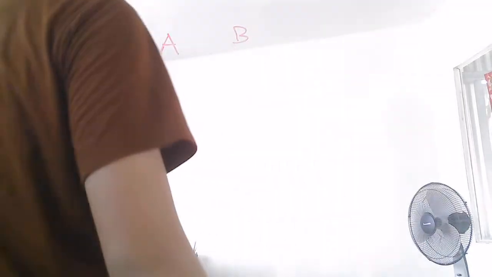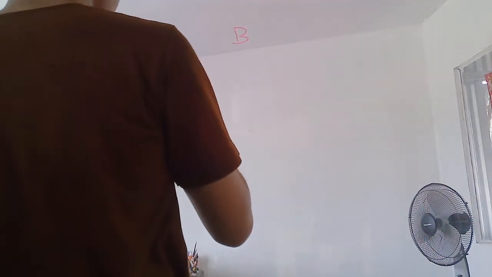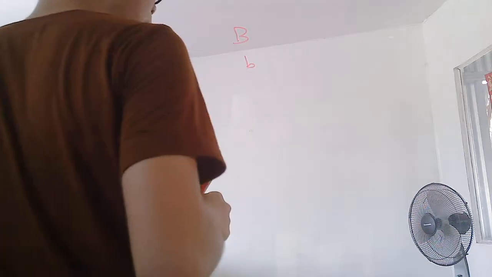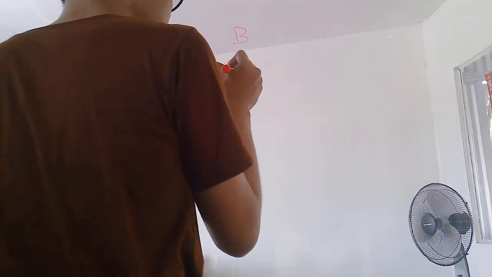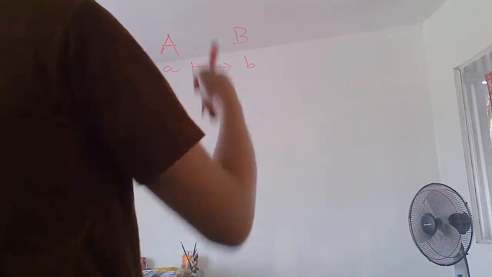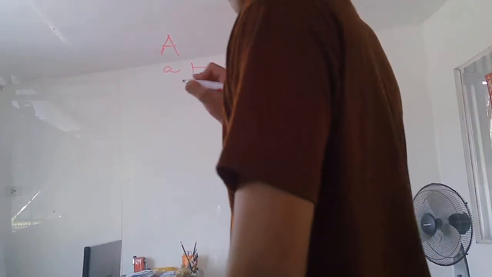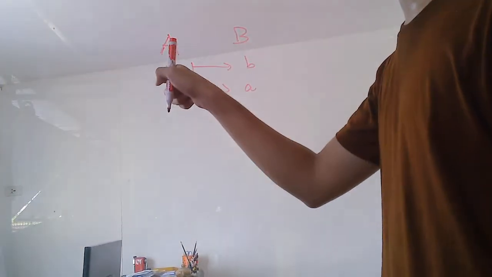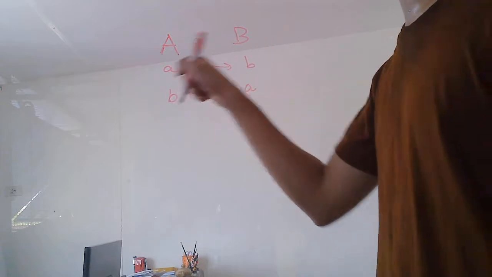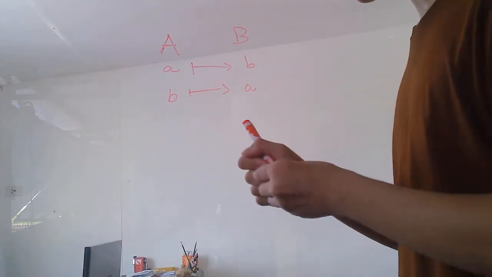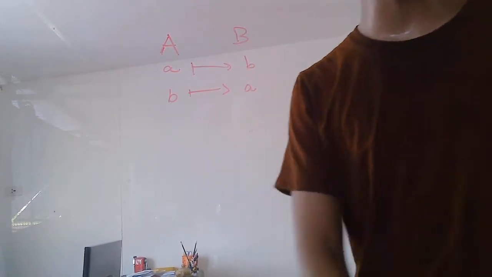So if we have two objects A and B, and some metric defined over them with alpha small a and small b, and we have some isometry between A and B, and also between B and A, then A and B are equidecomposable.